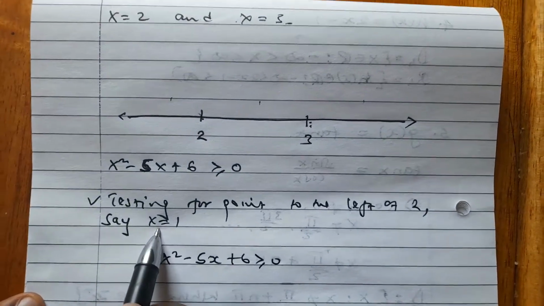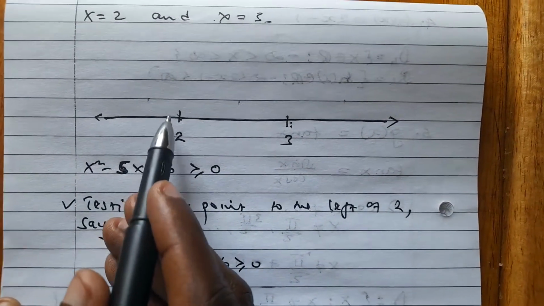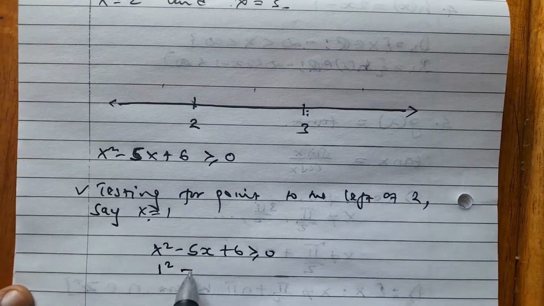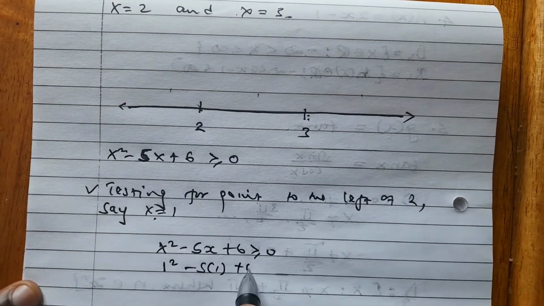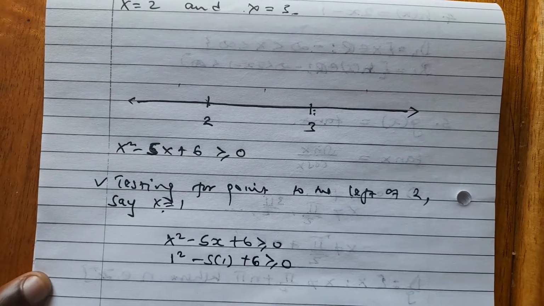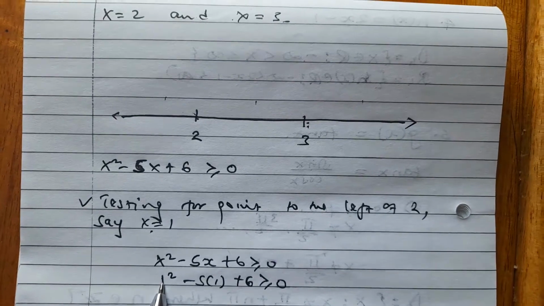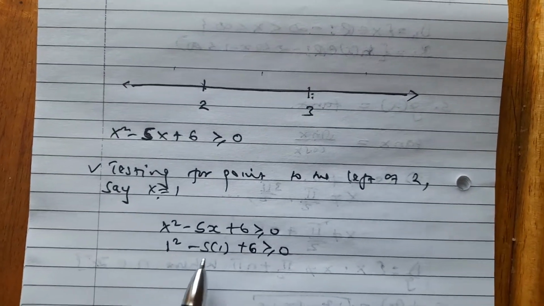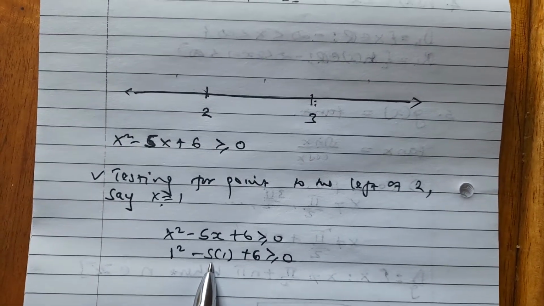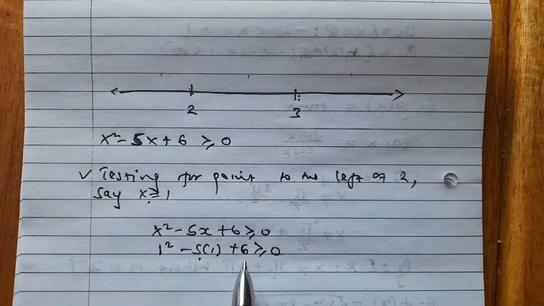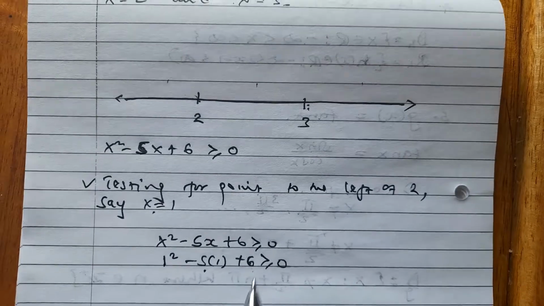We substitute in the value 1, which is to the left of 2, and we have 1 squared minus 5 into 1 plus 6 being greater than or equal to 0. Here I have 1 minus 5, that is minus 4, then plus 6, that is 2.